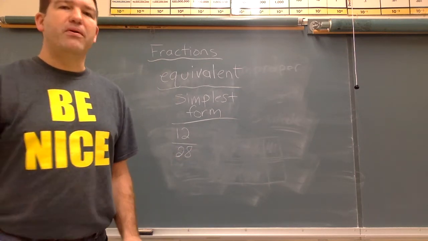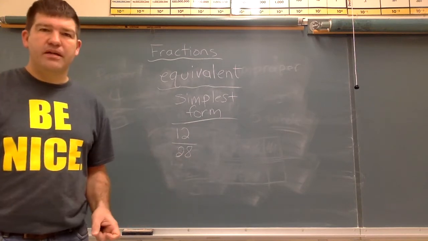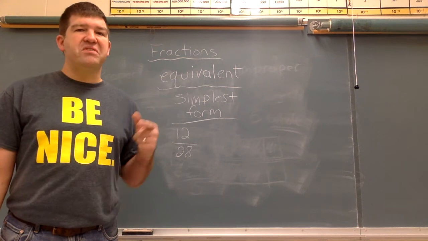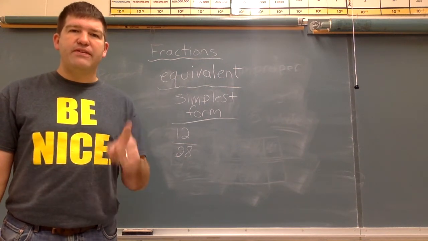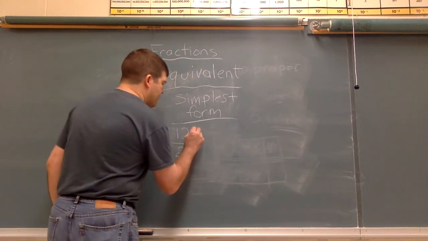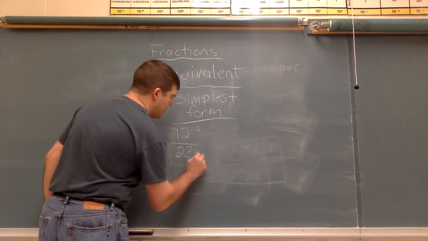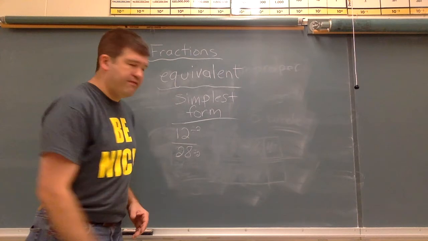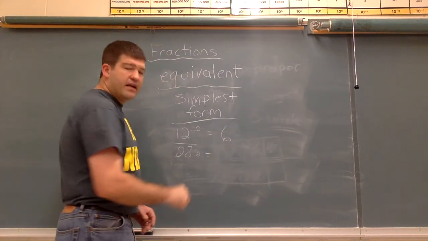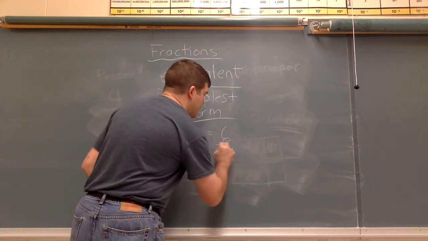Once I see that both the top and the bottom are even numbers, the way I start right away is I start by cutting it in half. If it's even, you can divide it in 2 for sure. So divided by 2, divided by 2. 12 cut in half equals 6, and 28 cut in half equals 14.